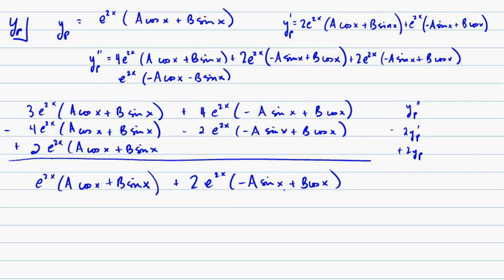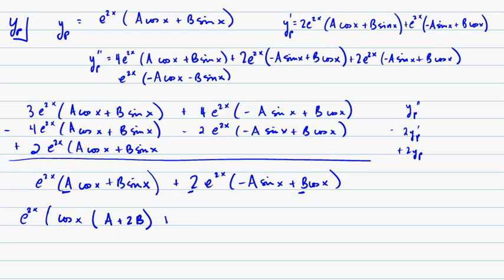One other thing I'm going to do is factor out cosine x. I'm going to factor e to the 2x and then divide these into cosine x and sine x. So e to the 2x, and then I have cosine x times a plus 2b, right? You can see a, and then I have a 2 here, 2b.